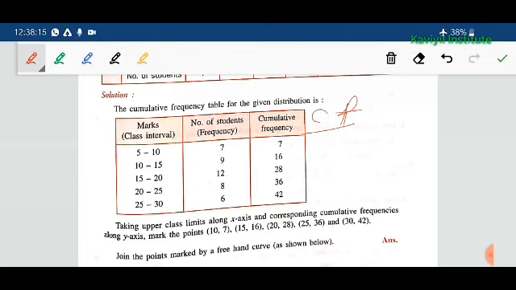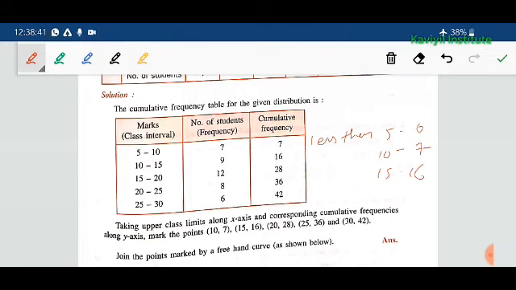The first one will be less than 5, 0, then less than 10, 7, then less than 15. How much is it? 7 plus 9, so it means 16.